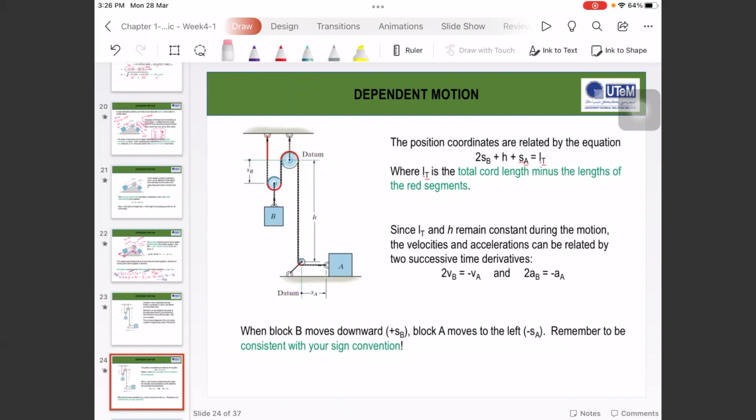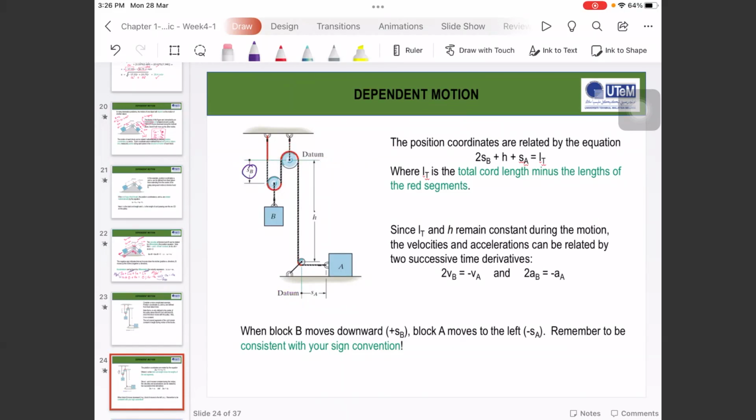Start from datum. We have SB. Okay, this SB. Okay, and then distance from A is we call it as H, or you can call it any name. Sebab apa? Ini constant, kita namakan saja dengan H, and then this is SA.